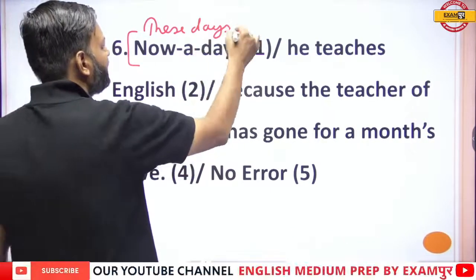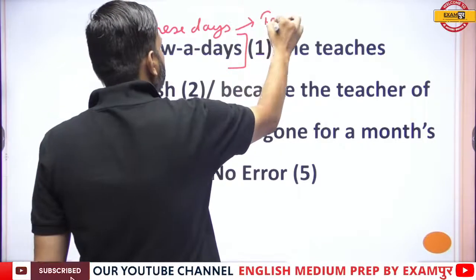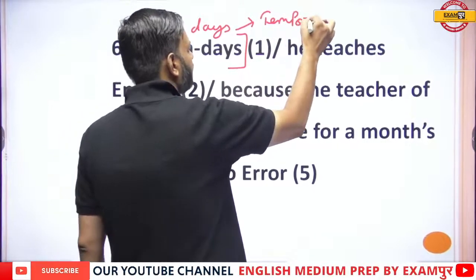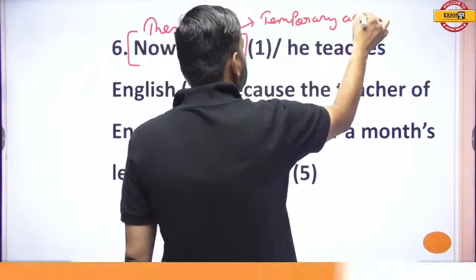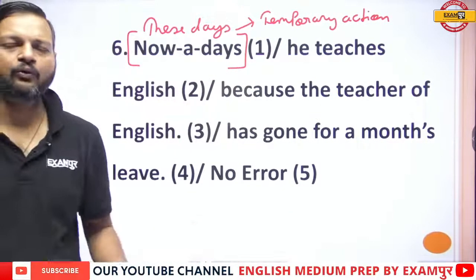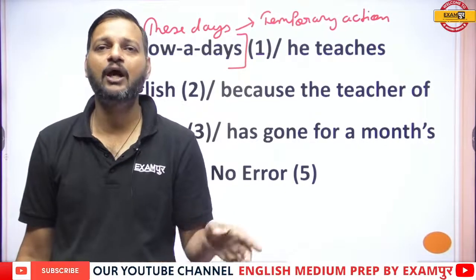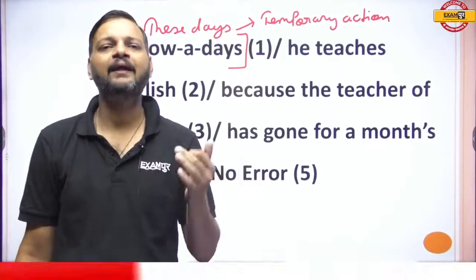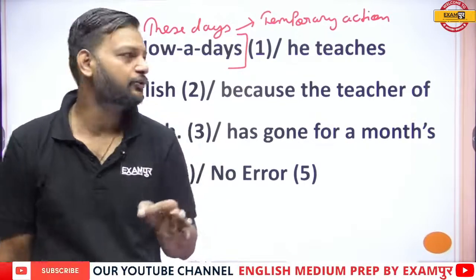Nowadays or these days shows a temporary action. Anything which is happening now or anything which is happening these days or nowadays is temporary, and temporary action must be in present continuous tense.